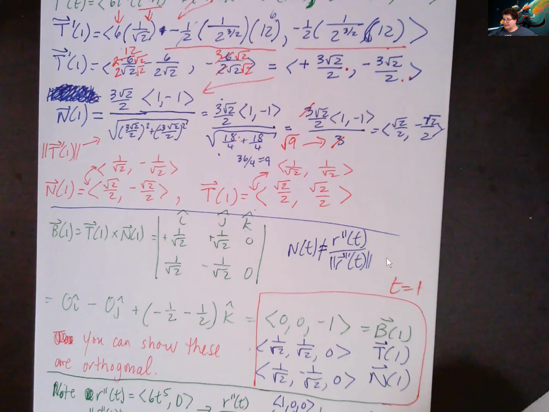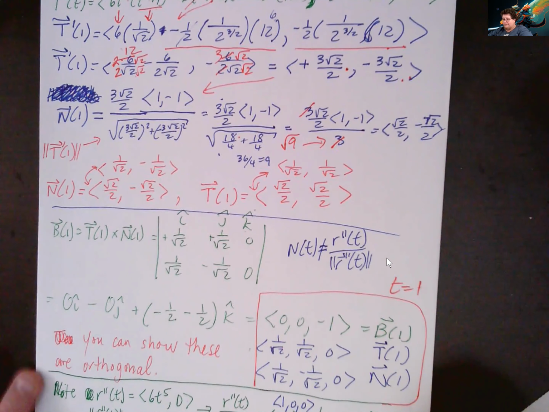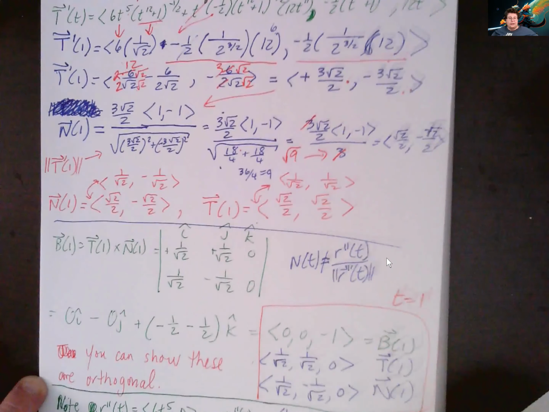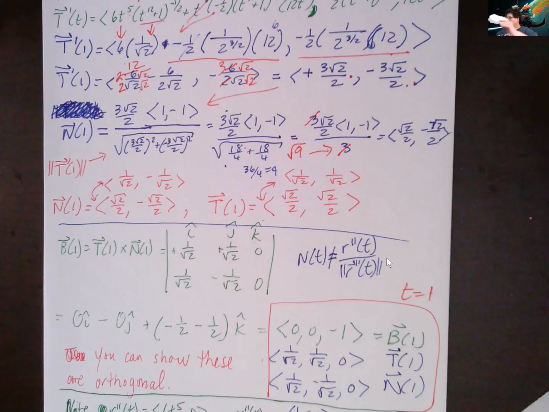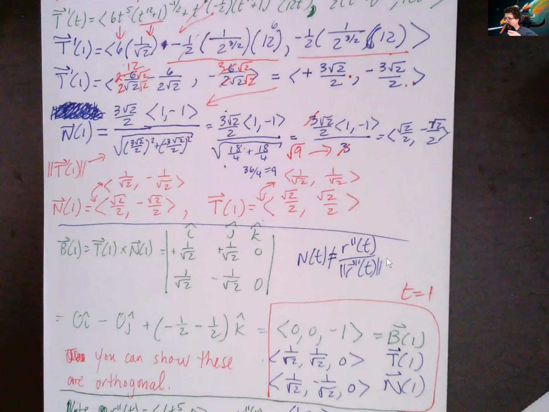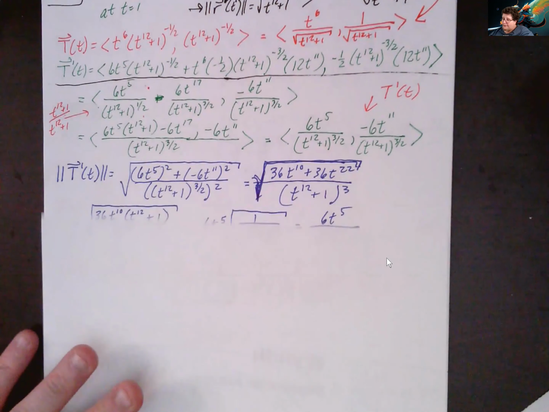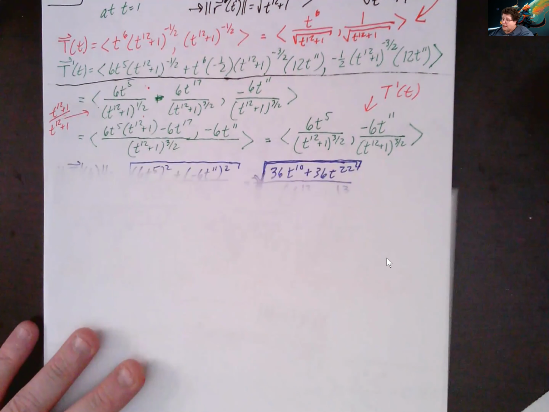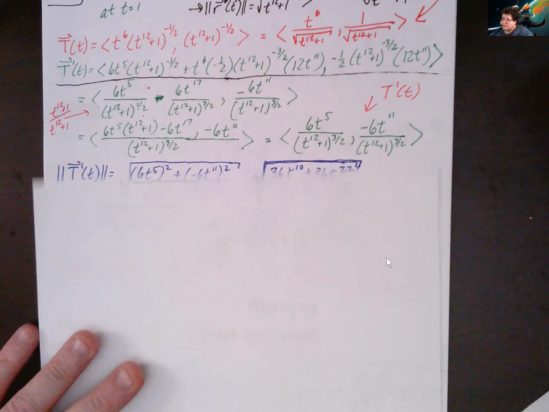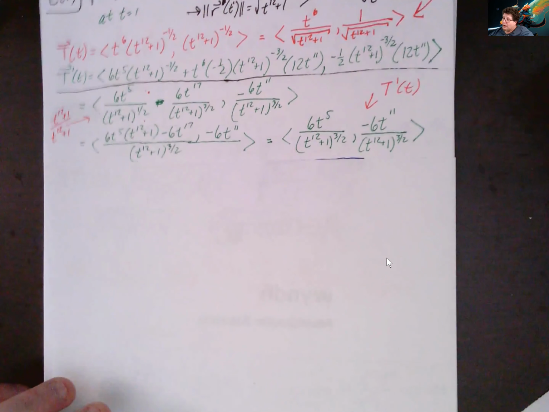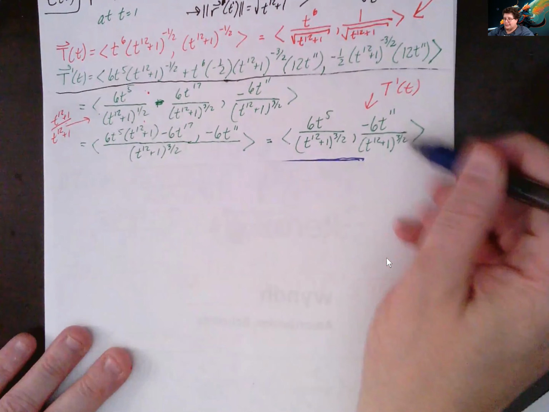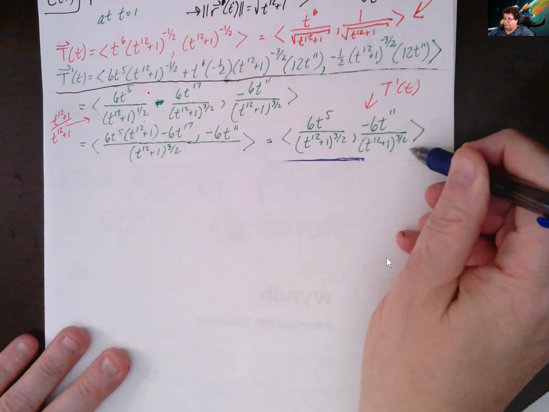But n of t is, that's not what we get for n of t, and I'll show you that right now. Let's get n of t doing the general form. This says we get 1, 0, 0, and we don't. So we left off with working on t prime. We got t prime looking like this in the general form.